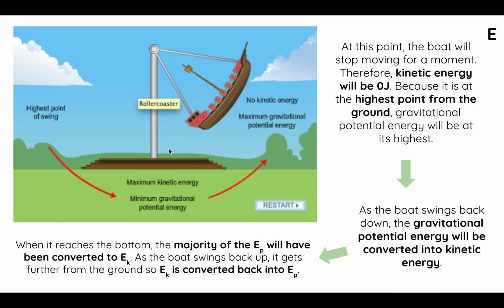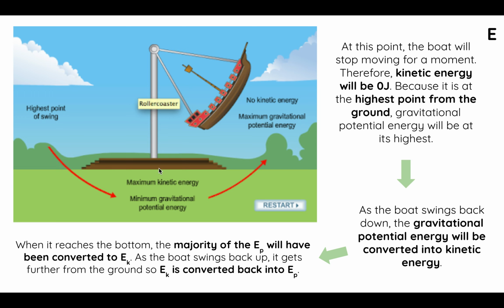And then when it reaches the bottom, when it's closest to the ground, the majority of that gravitational potential energy will have been converted to kinetic energy, and it will just use its momentum to swing back up, and then it will get to a point on this side where it stops moving, and all of the potential energy is being converted back from kinetic. So it's going to be maximum potential energy again and 0 kinetic. And then it will just keep going.